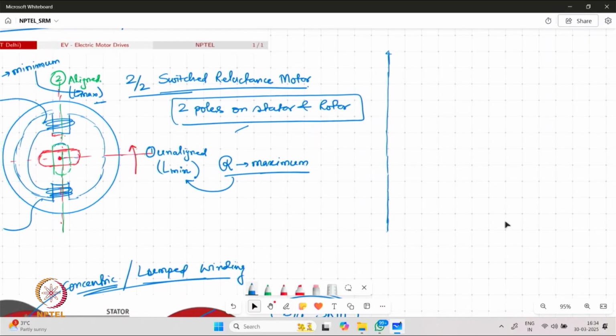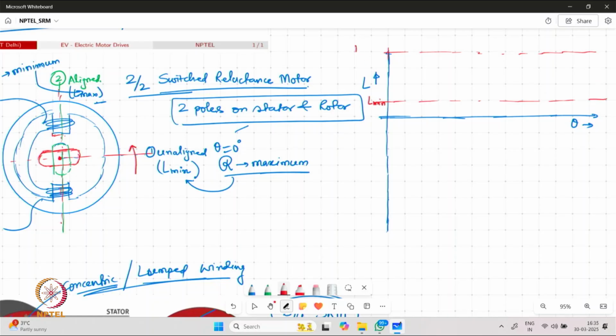Now, if we try to plot the inductance with respect to the mechanical position theta, and we take this unaligned position as 0 degree, we are going to have the inductance value varying between certain minimum and certain maximum values. And once this mechanical angle is changed by 90 degree, we find that the system is going to have maximum inductance.